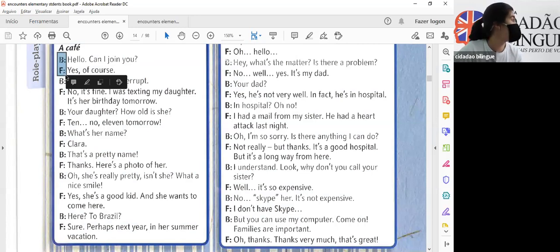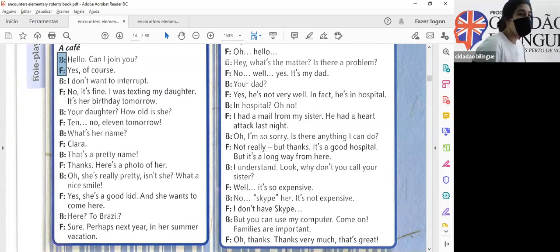Can I join you? Yes, of course. I don't want to interrupt. No, it's fine. I was texting my daughter. It's her birthday tomorrow. Your daughter? How old is she? 10.